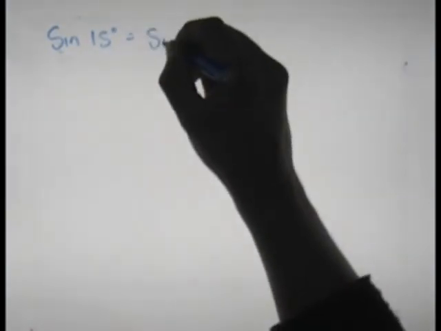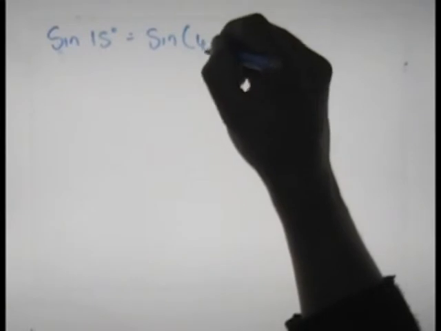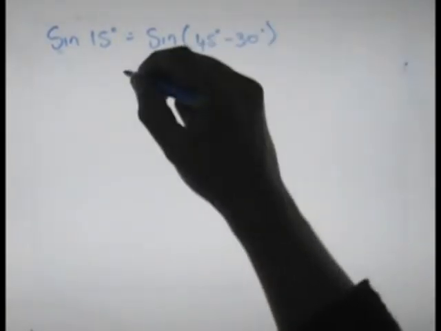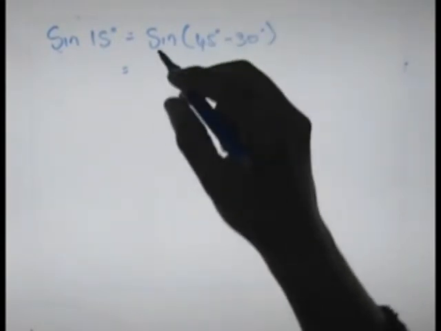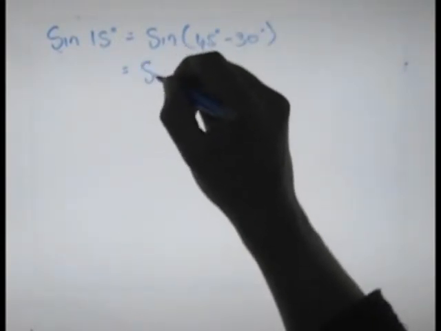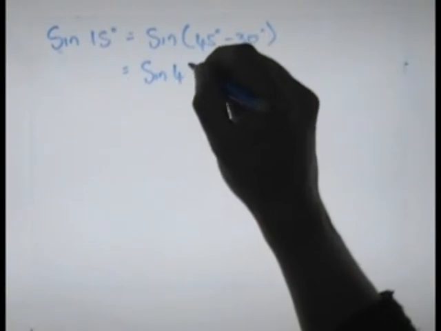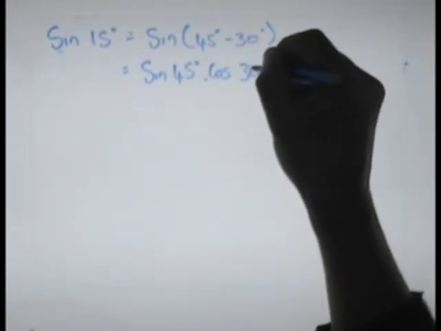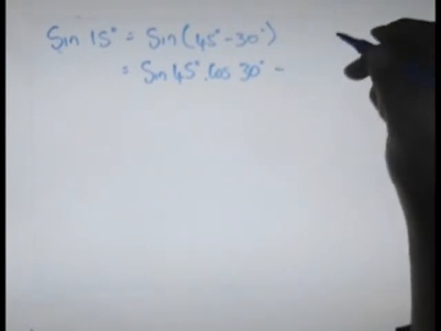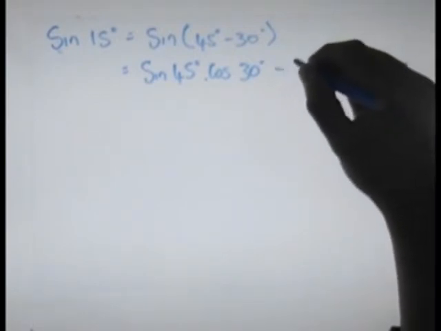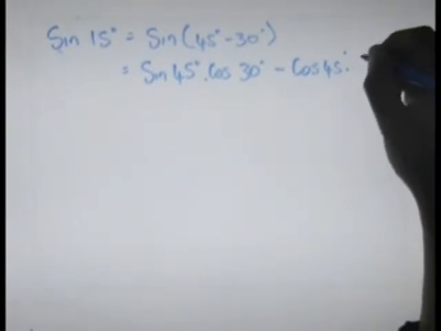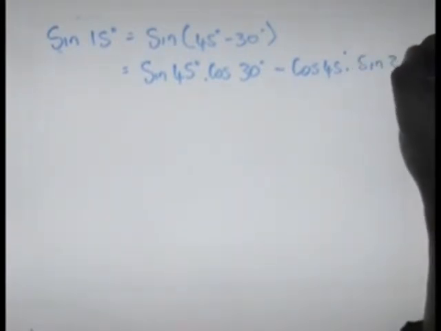Now sine of 15 is the same as sine of 45 degrees minus 30 degrees. Sine of 45 minus 30 is the same as sine A times cos B minus cos A times sine of B.